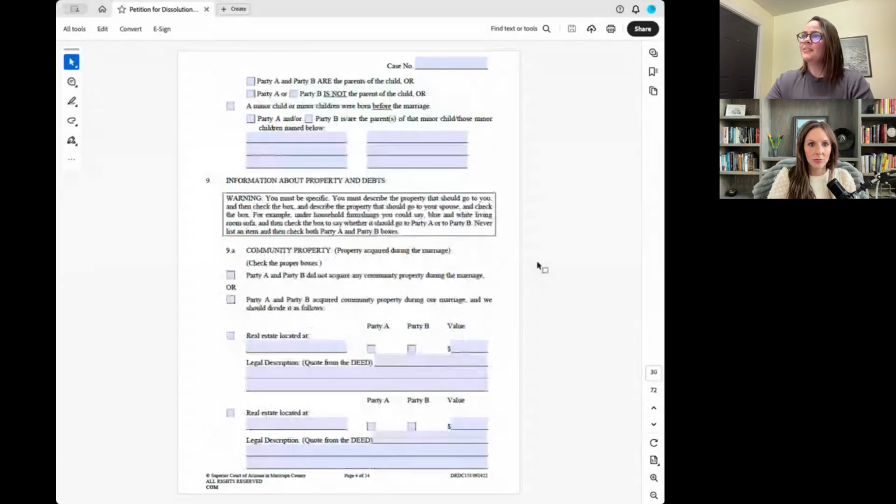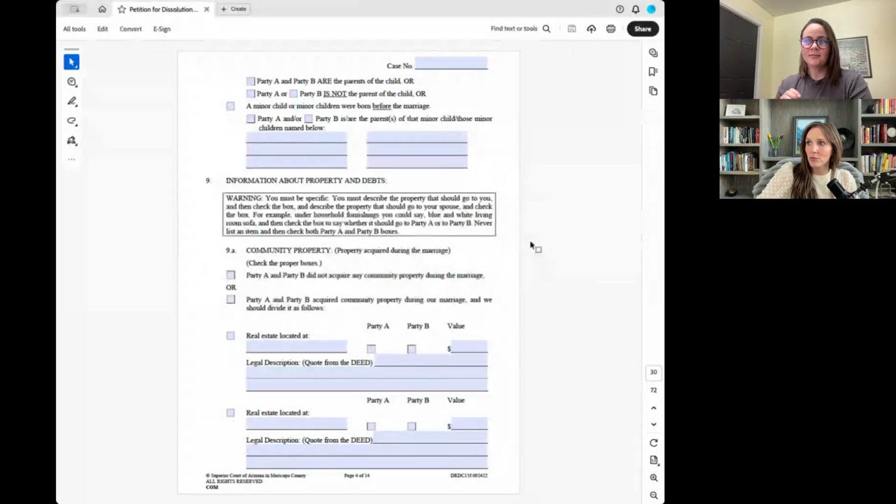Let's see. And then the court is going to talk about division of properties and debts. So in Arizona, we're a community property state, which means any property that was acquired, property like homes or vehicles or retirement accounts, any kind of property or asset, businesses even, is presumptively labeled as community property.